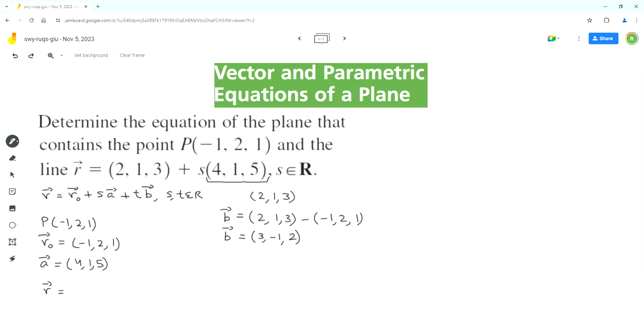We will use point P for position vector r0. So this should be the final answer for this problem.